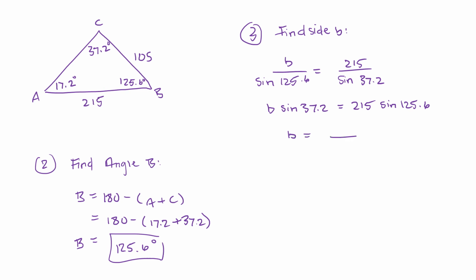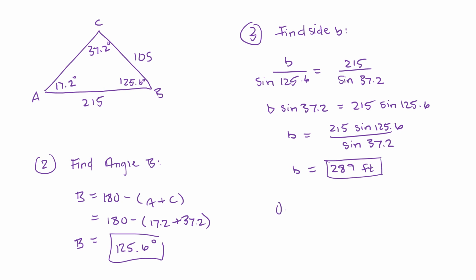So in dividing both sides by the sine of 37.2, we then can evaluate this right-hand side, which then gives us the approximate value 289 feet. All right, so that would be the side length of b.